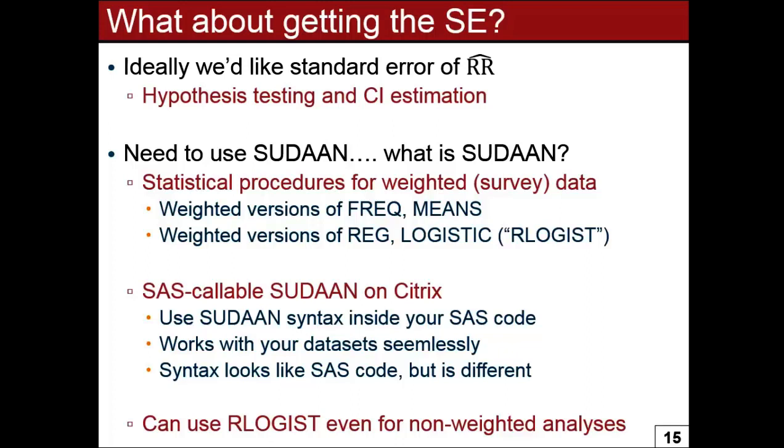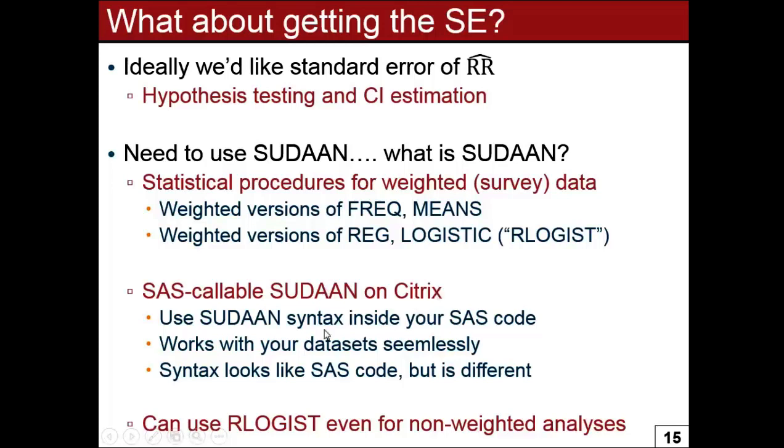By the way, SAS now has versions of all these too. They're called survey freq, survey means, survey logistic. They're actually better than the Sudan ones. So there's not much reason to use Sudan in my personal opinion, except that Sudan computes the risk ratios in cool ways that SAS still doesn't do.